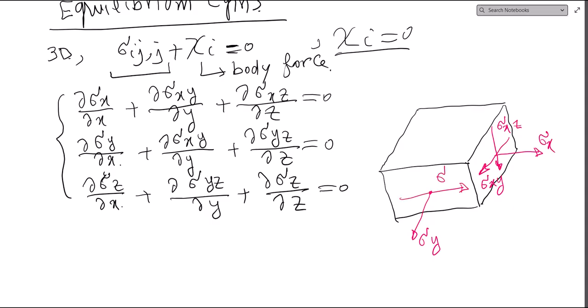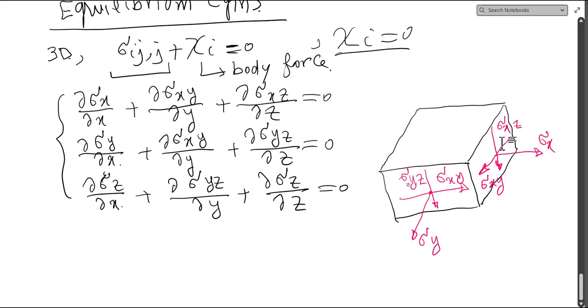Obviously, on the other opposite sides, to this plane on the left side, we have a similar set, and on the back, opposite to the normal to the y-axis, we have a similar one.